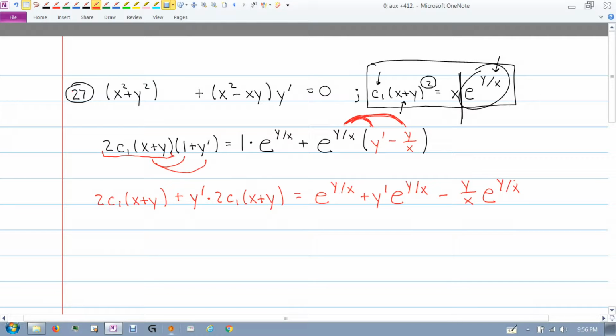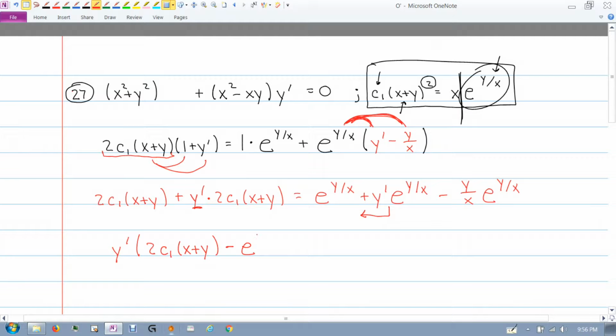All right, so my y prime terms are here and here. Okay, so I'm going to bring those over to one side of the equation. So I will have, and I'm going to go ahead and factor the y prime out now. That's just me taking the y prime out of this one. Now when I bring that one over, it's going to become negative, but I'm taking the y prime out.